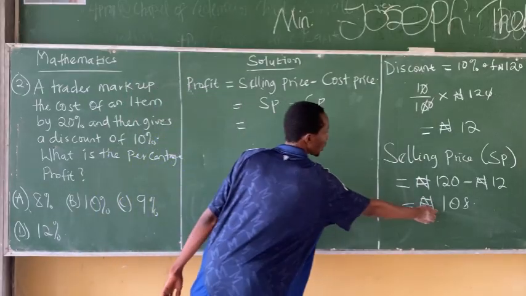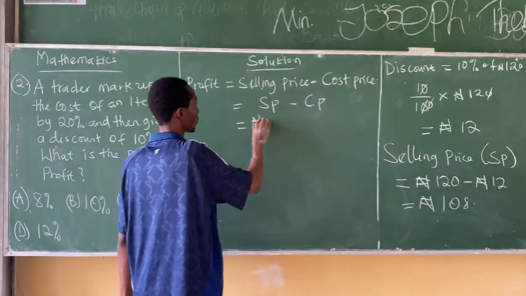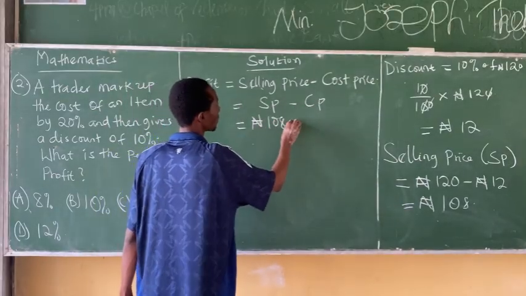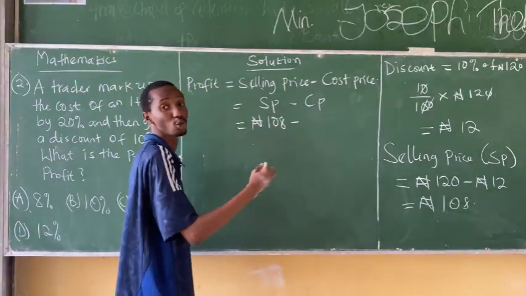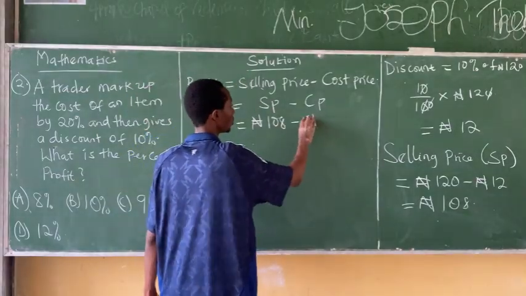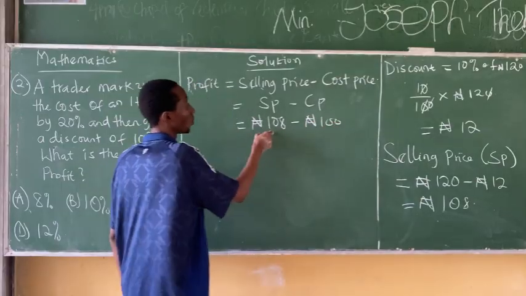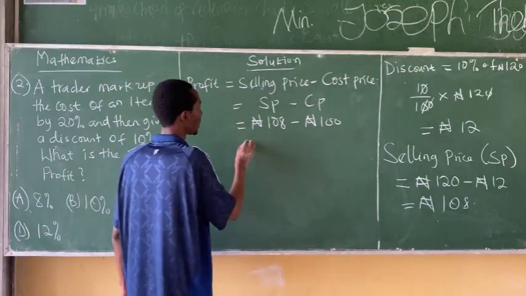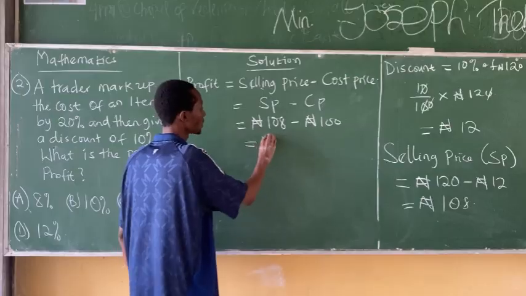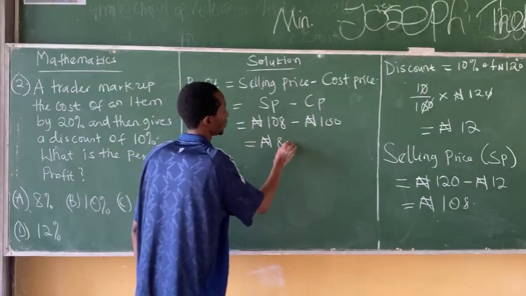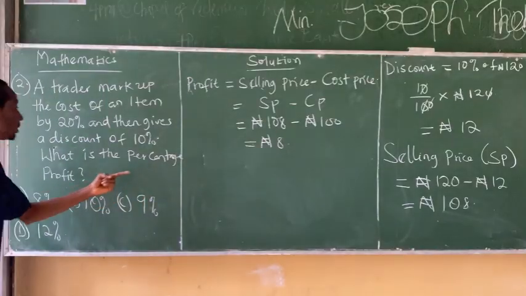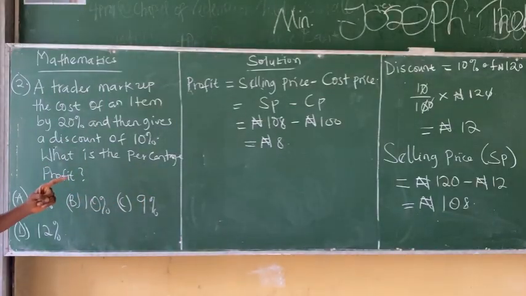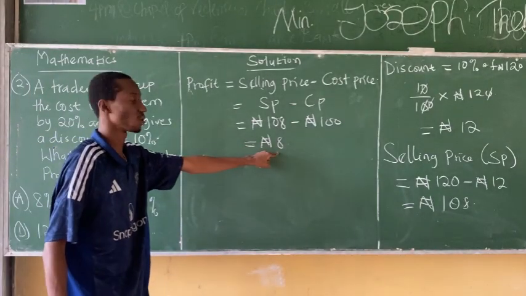SP here is 108. We have 108 minus the CP. Don't forget, from the question, we assume the cost price will be 100 naira. So 108 minus 100 naira gives us 8 naira. Therefore, the profit is 8 naira. We were asked to find the percentage profit and not the profit.